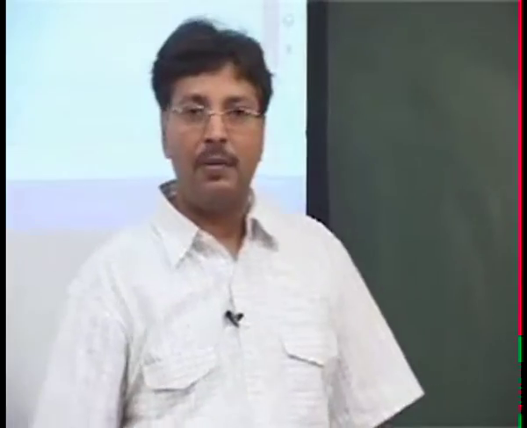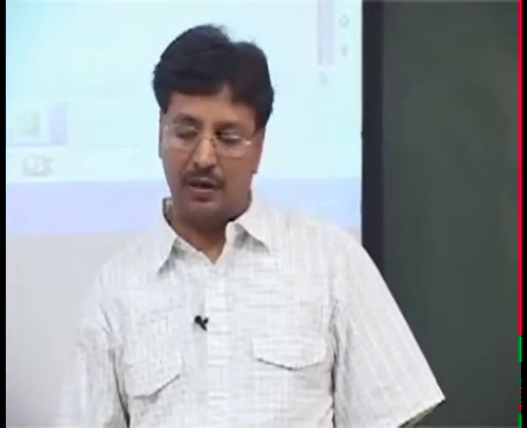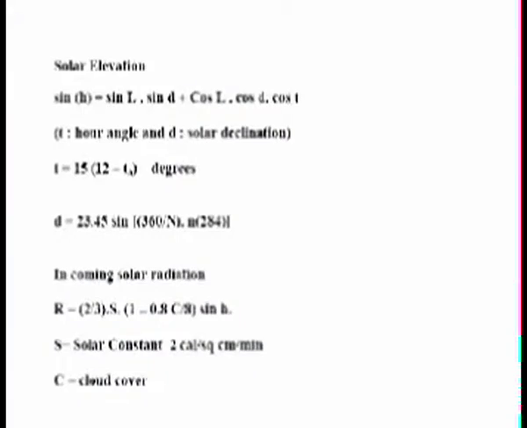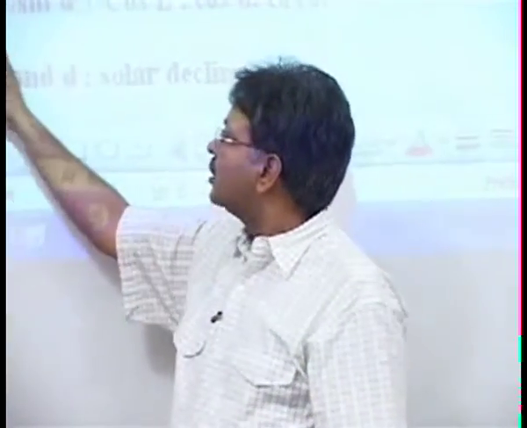If you remember the symbol H, we had defined H. The next thing that we need to find out is the computation of solar elevation. Again we have a formula here. Solar elevation depends on sin L, sin D, cos L, cos D and cos T. I'll explain what these are.